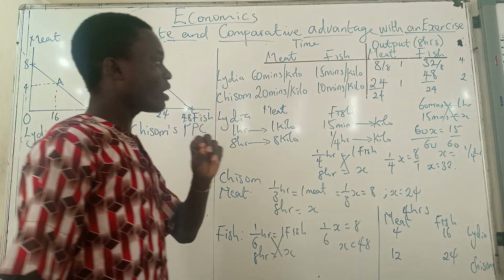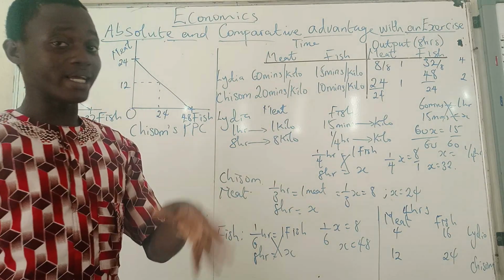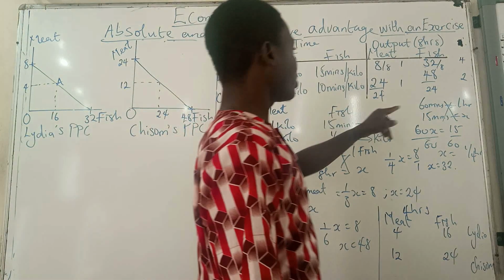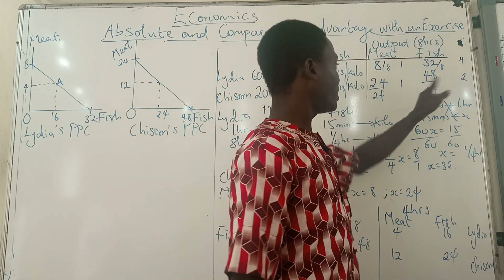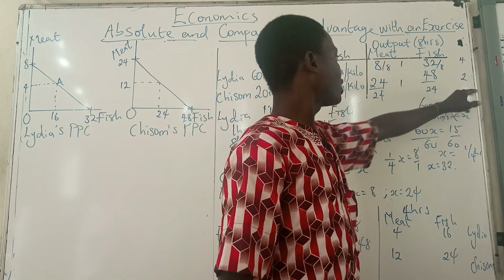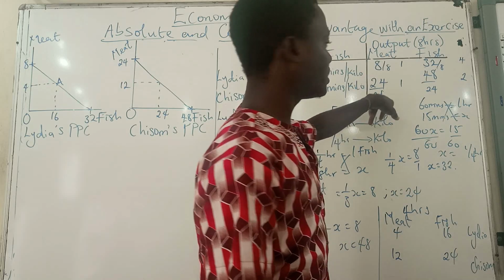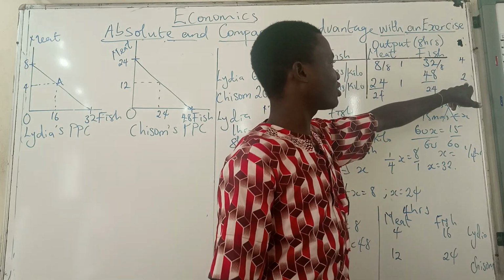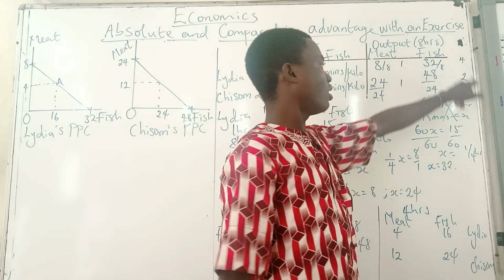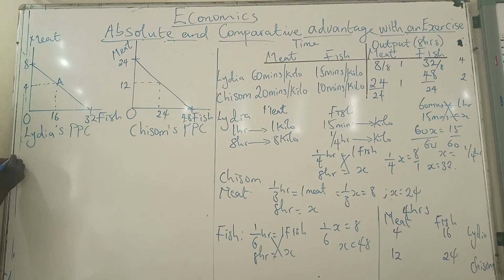The person foregoing the less here is Chisom, because for Chisom to produce 1 kilo of meat, he is only foregoing 2 kilos of fish. So it will be better for Chisom to specialize in the production of meat, because Chisom is giving up less, relatively, compared to what Lydia is giving up. Alright, so Chisom should specialize. We trade now. B, with trade.